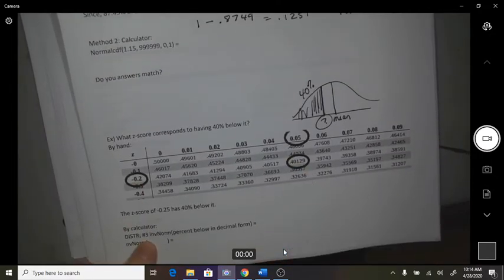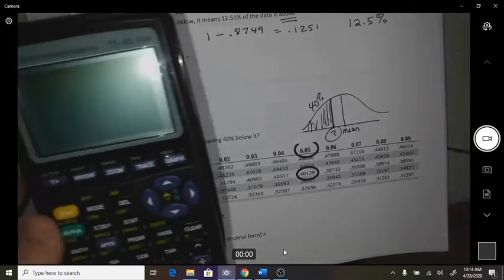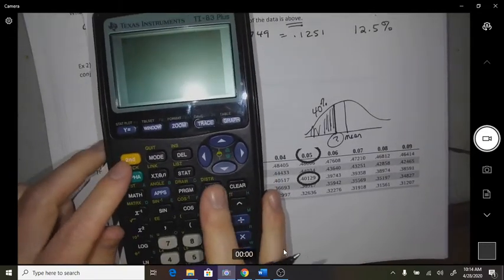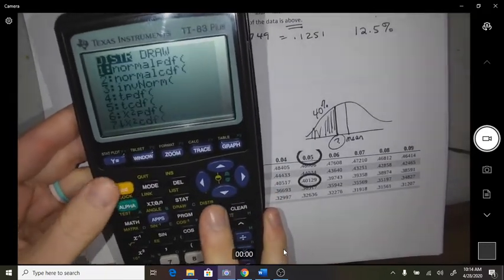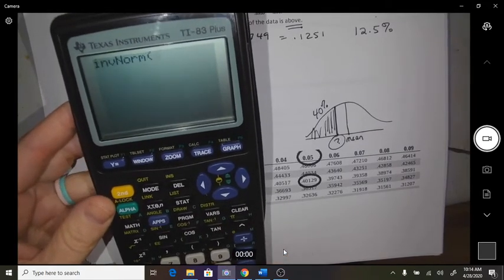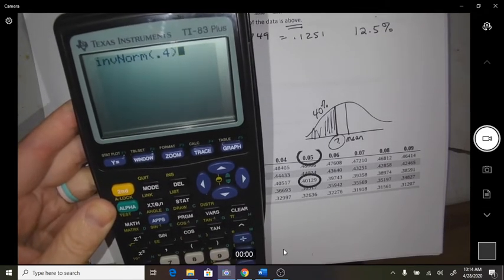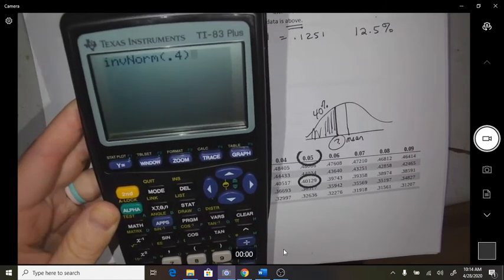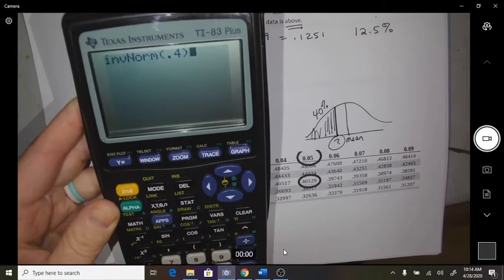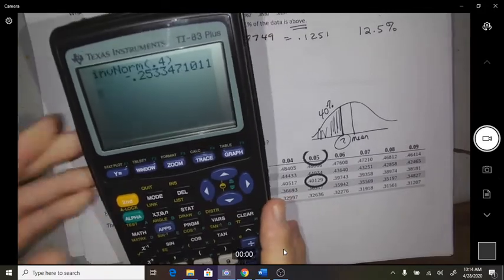So negative 0.25 is the z-score. Okay, now when you look this up in your calculator, you're going to go to distribution. You're going to go to inverse norm, and you're going to type the percent below as a decimal. 40% below. So this means what z-score has 40% below it, and it's negative 0.25.